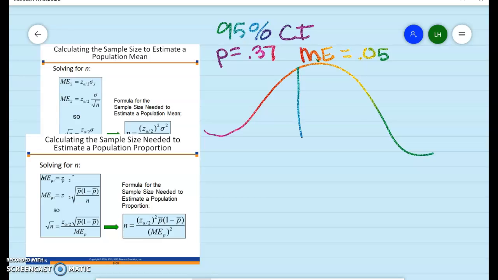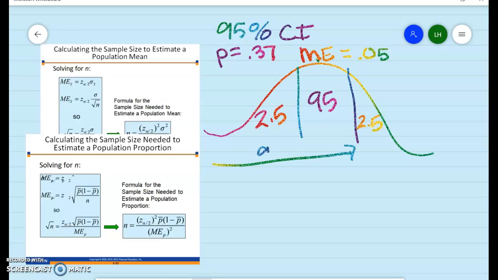Remember, this is 95. So 5 on each side. 5 divided by 2 would be 2.5 on each side. I know I didn't draw that very evenly. So our percent would be 97.5%. So we need to look up 0.975.